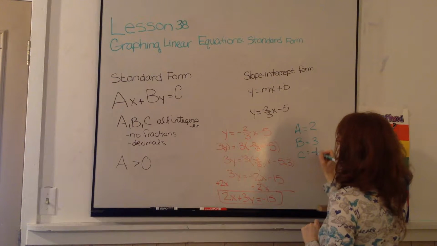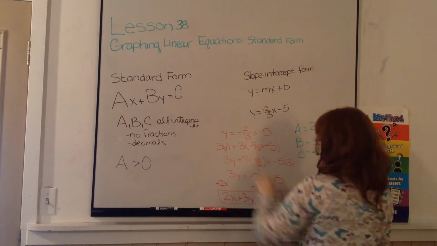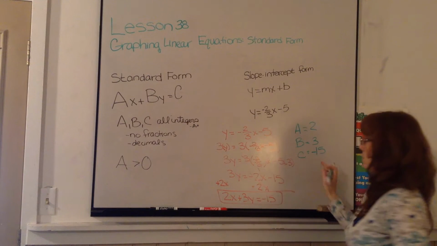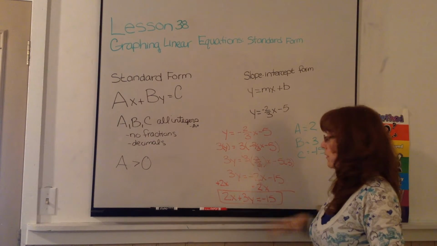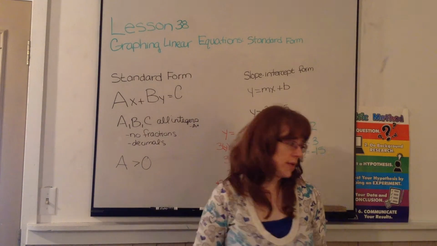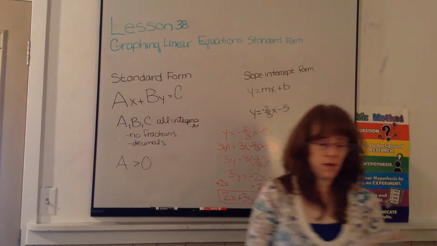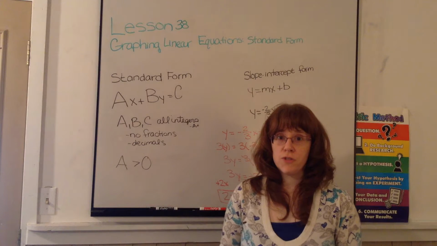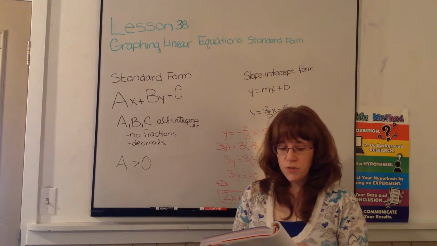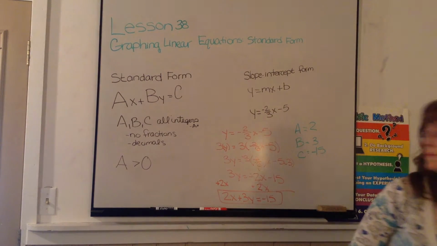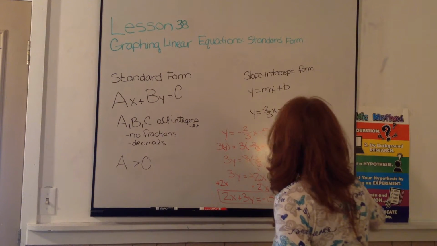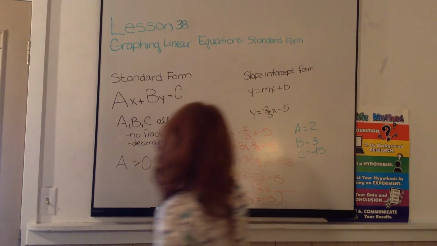And then C and negative 15, they go together. So I can see that my equation has been done properly. Now the next thing that they're going to show you is how to graph with this. I am going to erase this side.